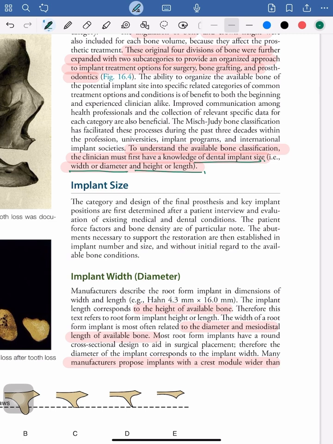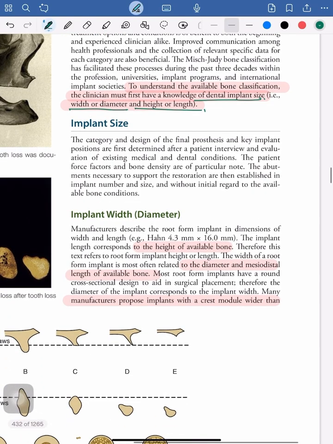When we talk about size, it's basically the diameter of the implant and the height of the implant. Implants come in different diameters: 3.5, 4.5, 6 millimeters. Width is how wide a particular implant is in diameter.